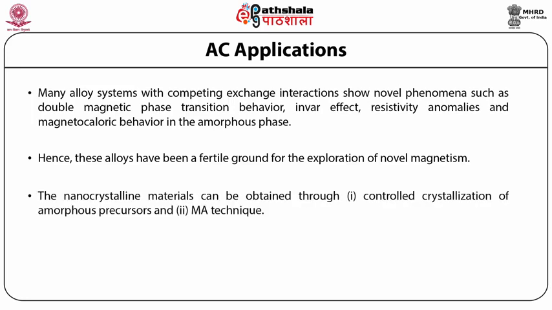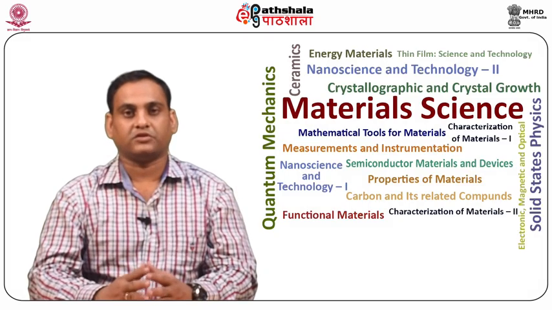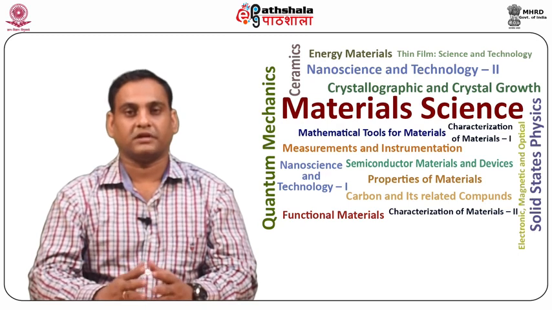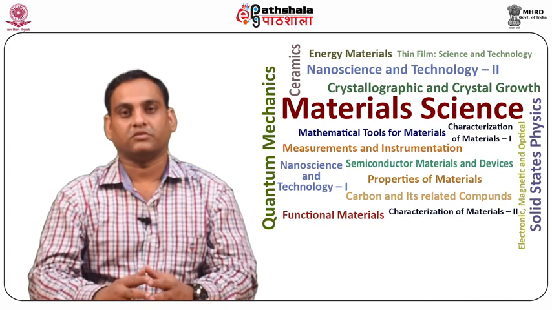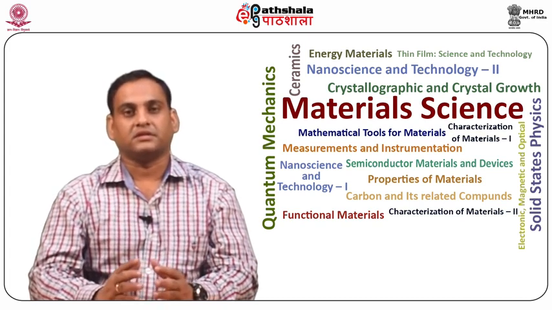The nanocrystalline materials can be obtained through controlled crystallization of amorphous precursors and mechanical alloying technique. The obtained nanostructure powders from mechanical alloying consist of particles composed of nanometer-sized crystalline grains linked one to another through grain boundaries, but highly refined and strained.